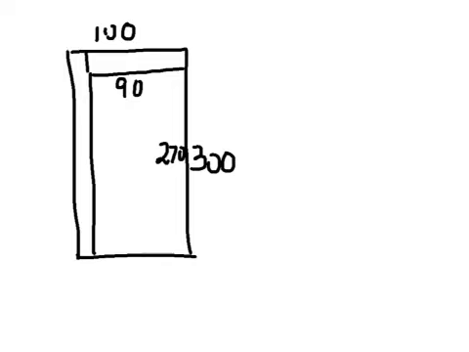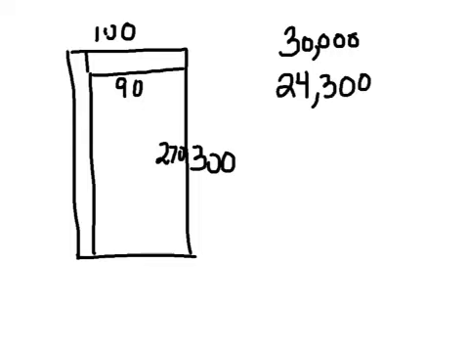Well, the original area is going to be 100 times 300, which is going to be, let's see, 30,000 square centimeters, or whatever units of measure we want. Okay, and the new amount with the 10% discount is 24,300.